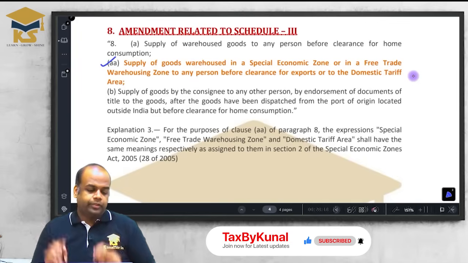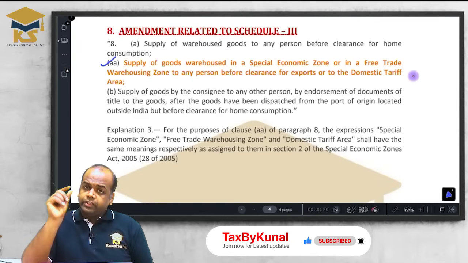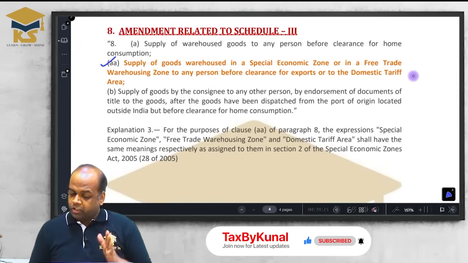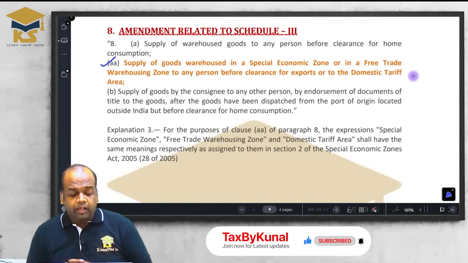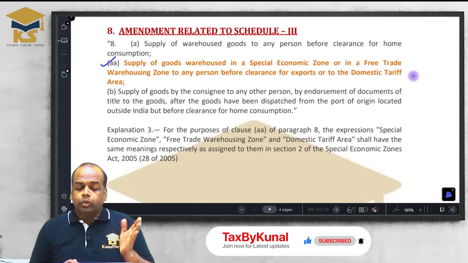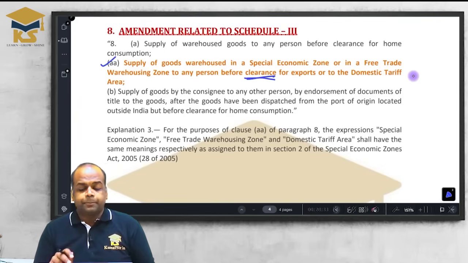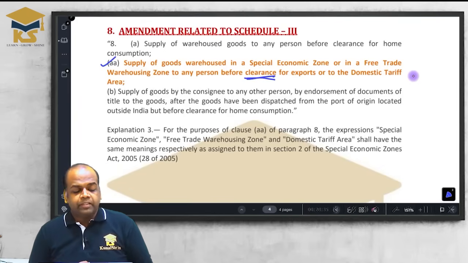So don't worry about it. Now, what is the new entry? Supply of goods warehoused in a special economic zone or a free trade warehousing zone to any person before clearance for export or to a domestic tariff area.